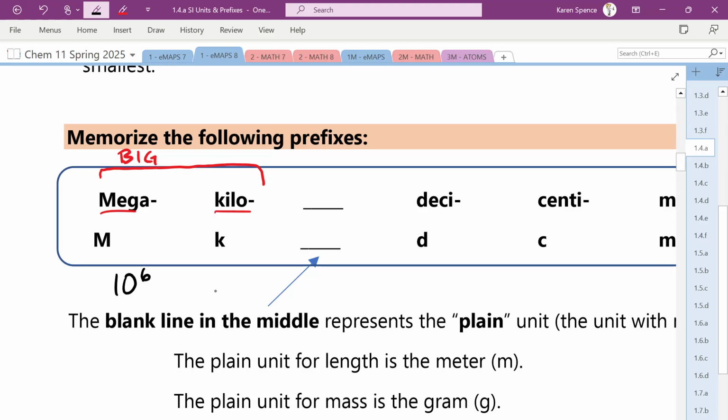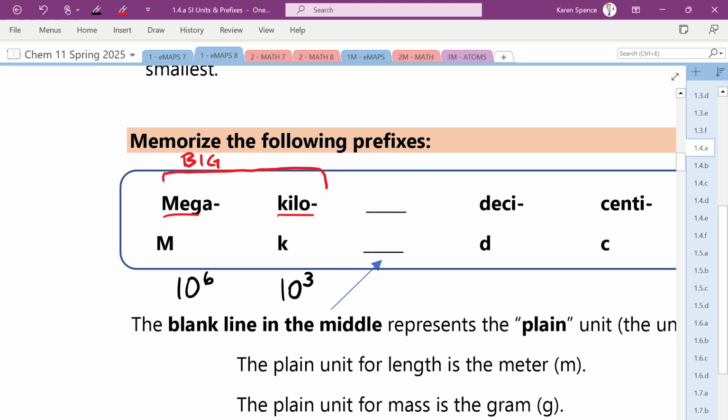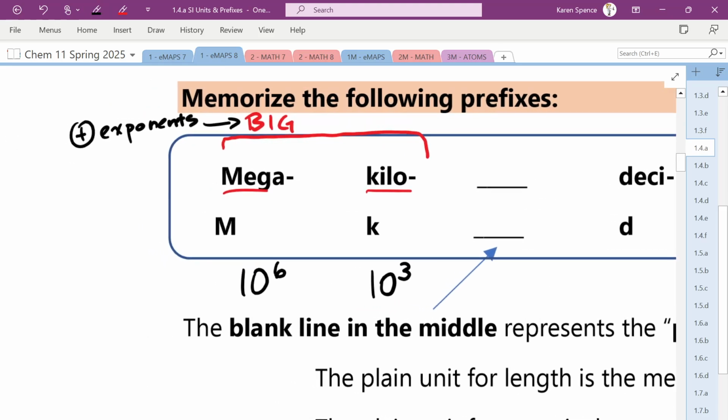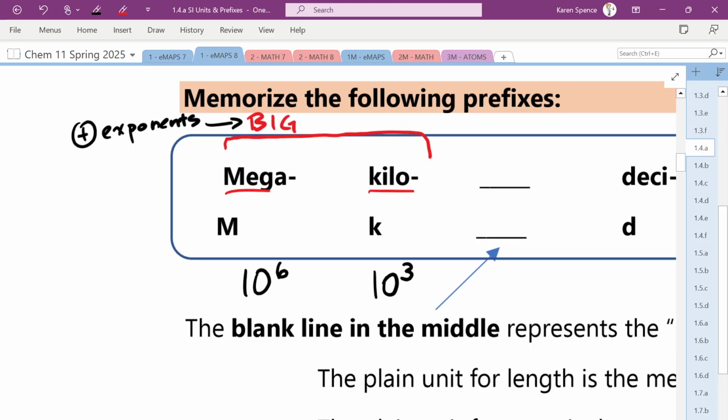Kilo stands for 10 to the 3. And it makes sense that these are positive exponents because they are big. So those are our two big ones. Mega is capital M. Kilo is lowercase k. So big M, little k.